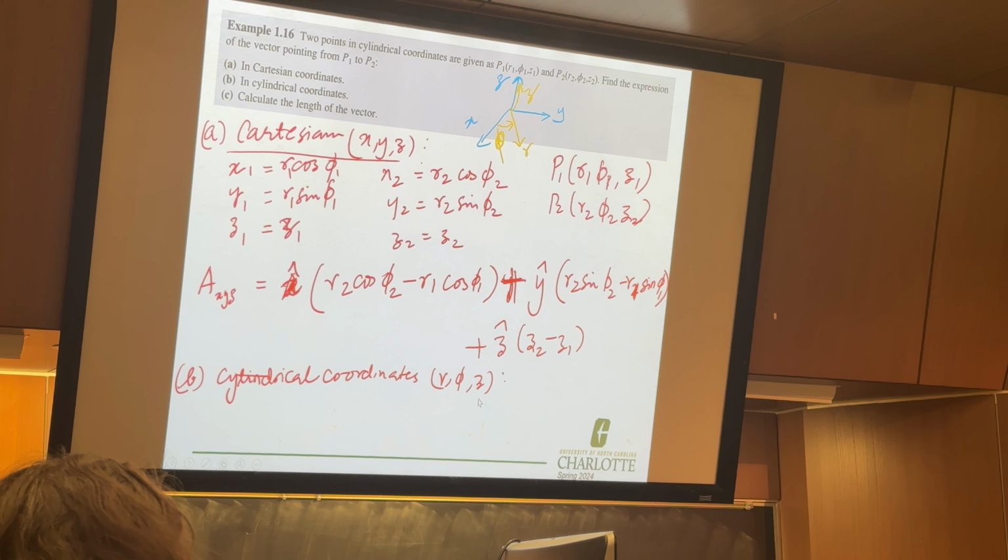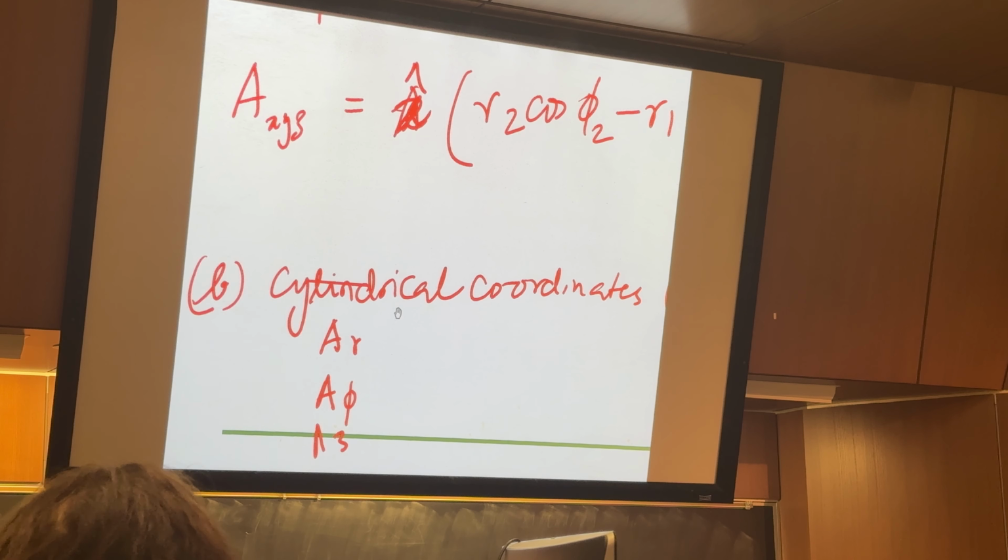Now we have a vector in terms of x, y, z components, and we need the vector in cylindrical components. So that would be A_r, A_phi, and A_z, equals, and on that side we have A_x, A_y, A_z.